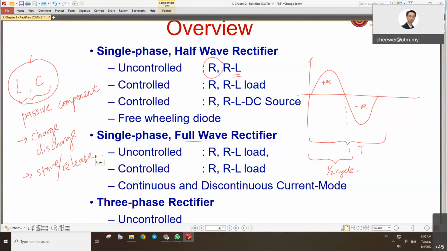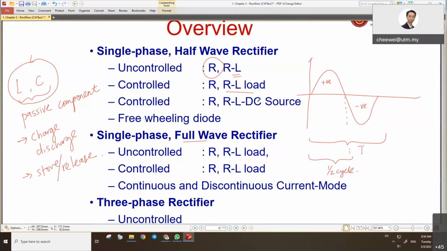But what about R? R cannot. R is only consuming the energy, the power, or it would just dissipate as heat. But L and C have different characteristics. They can be charged and can be discharged. So it will directly change the waveform of the current and voltage. So it will be a different story comparing R and RL.